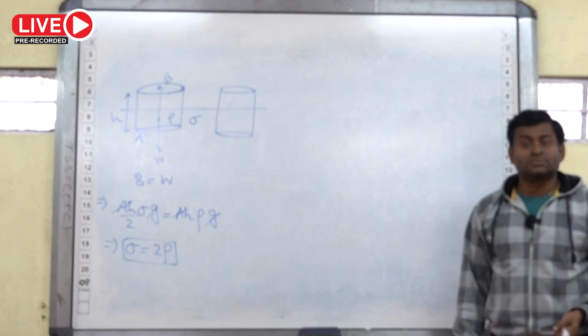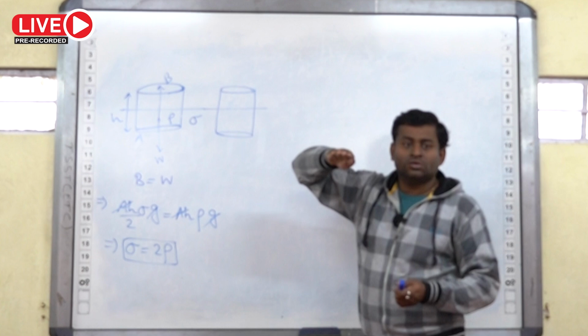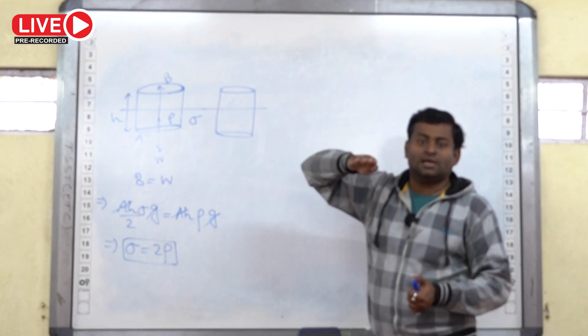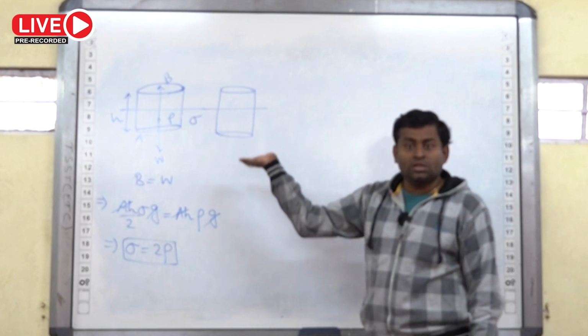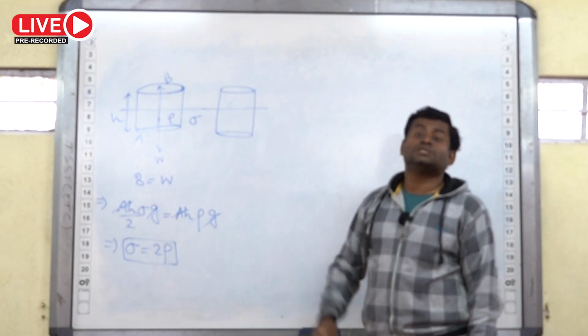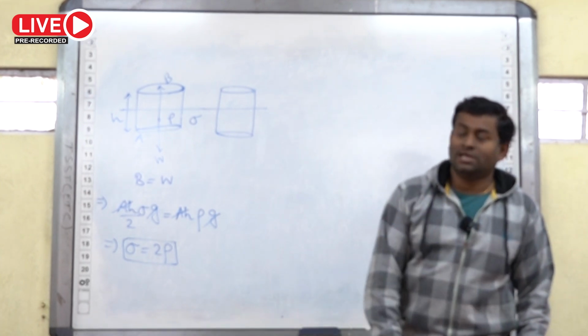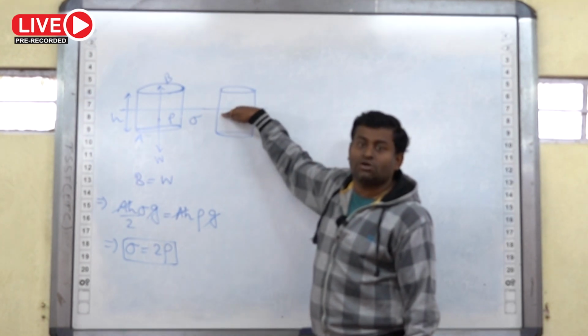So this increased buoyant force will act in the upward direction when you take away your hand. This buoyant force will try to push the object upward, means it is behaving like restoring force, because the equilibrium position is when the midpoint is just on the liquid surface.